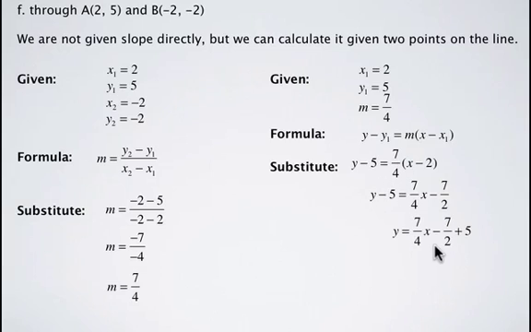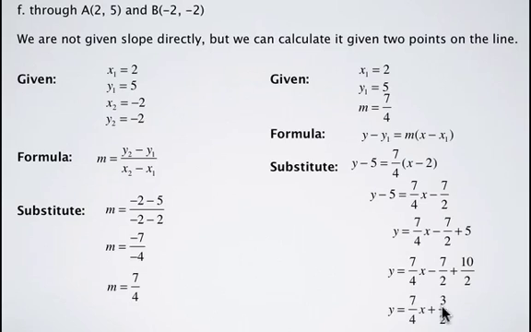And what we have to do next is add 5 to both sides to isolate y on one side of the equation. So now we end up with 7 over 4x minus 7 over 2 plus 5. And we need to find a common denominator to add 7 over 2 and 5. So 5 is equal to 10 over 2.